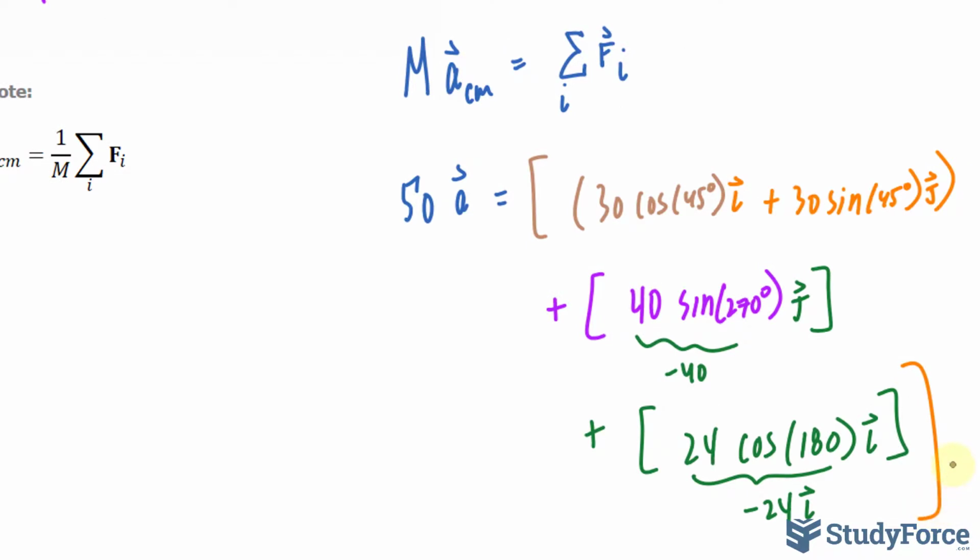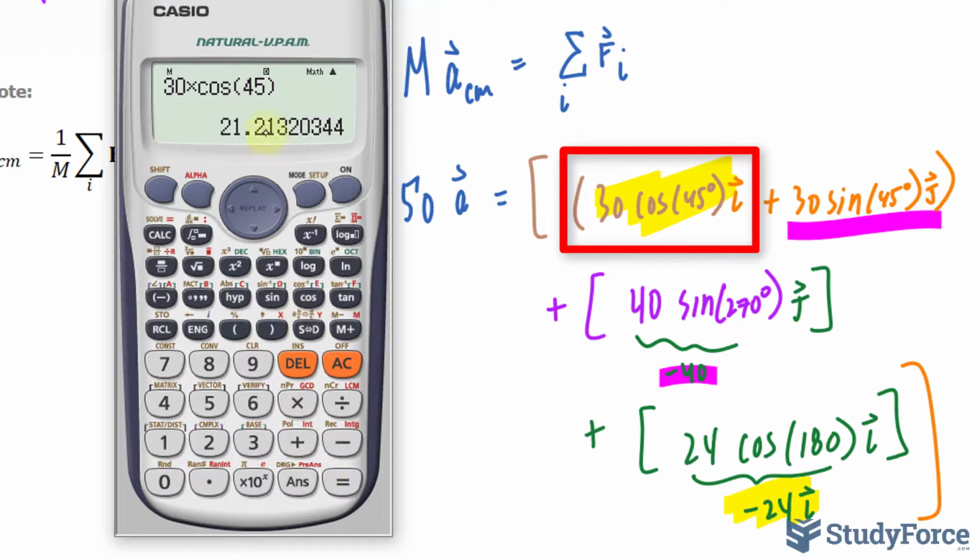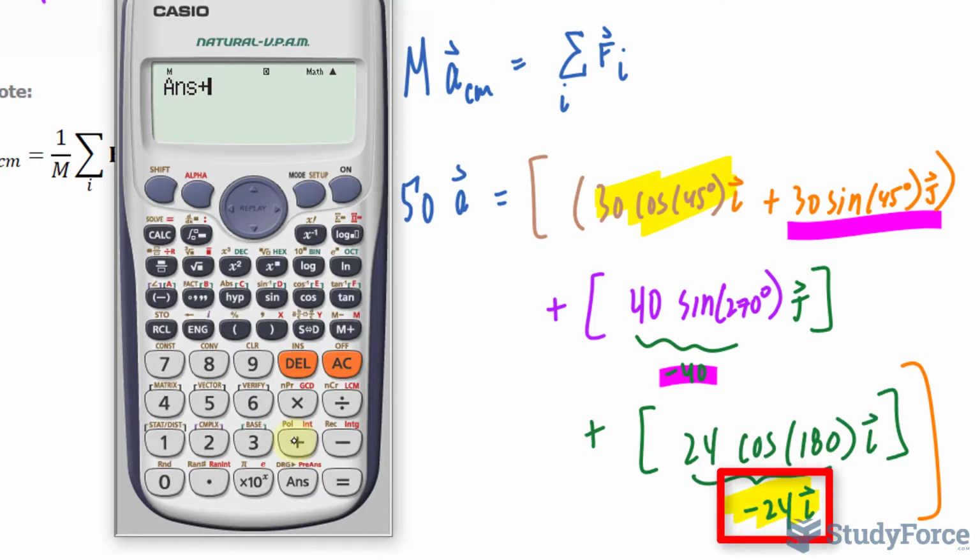And now what we have to do is combine all the i components together and all the j components together. Let's use our calculator. So I have, for the i components, 30 times cosine 45. That's equal to 21.21 plus this one, negative 24.